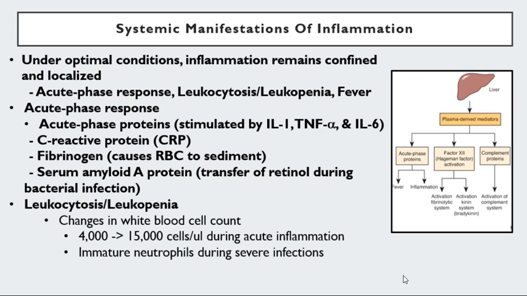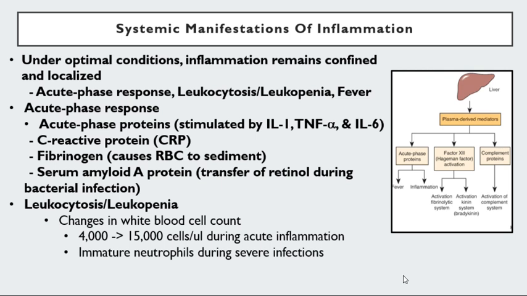So yeah, we talked about a lot of these already. IL-1, TNF-alpha, IL-6. C-reactive protein has popped up a couple of times. Serum amyloid protein A, you don't really need to know. I should have unbolded that. And leukocytosis and leukopenia.